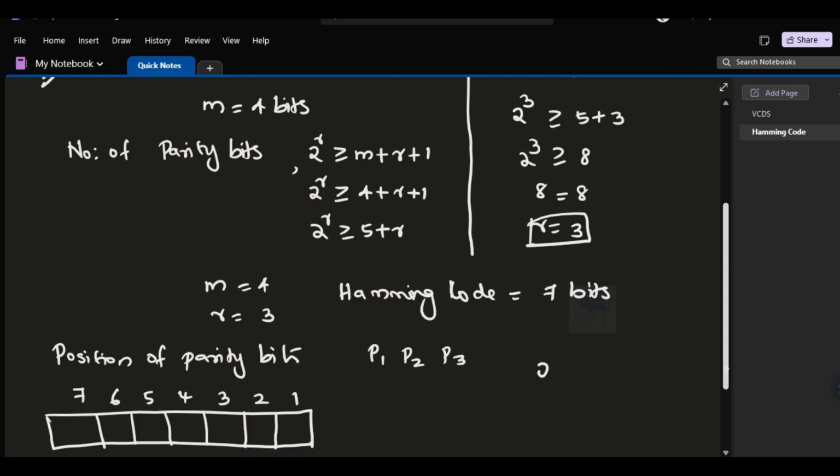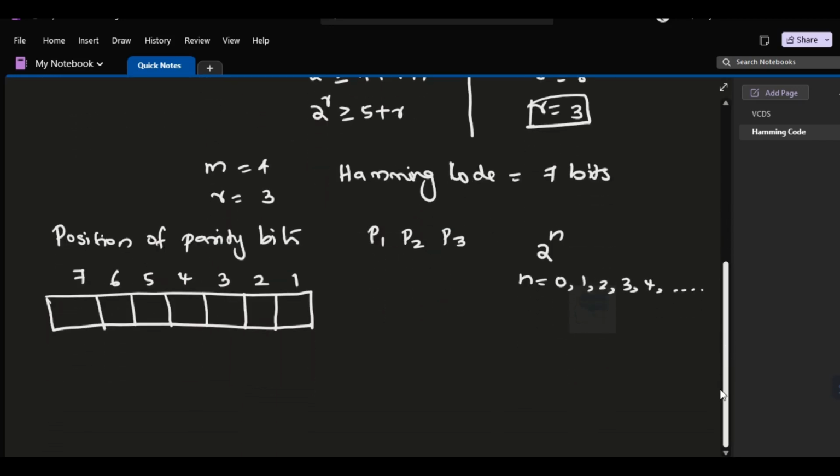We find it using 2 power n, where n is equal to 0, 1, 2, 3, 4 and so on. Since we have only 3 parity bits, n is equal to 0, 1 and 2.